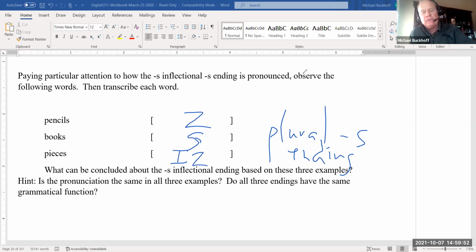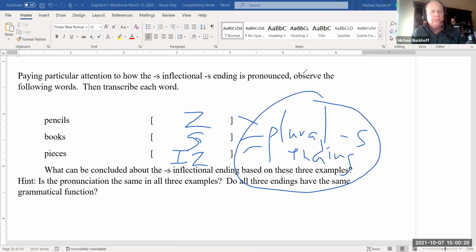Okay, so now it's the same thing. So we're saying that the plural S ending, right? When it's pronounced as a Z, as an S, as an iz, these are considered allomorphs of the same plural S ending. Even though the pronunciation changes and the S is pronounced as a Z, or the S is pronounced as an S, or it's pronounced with an additional syllable, it is still the plural S ending.